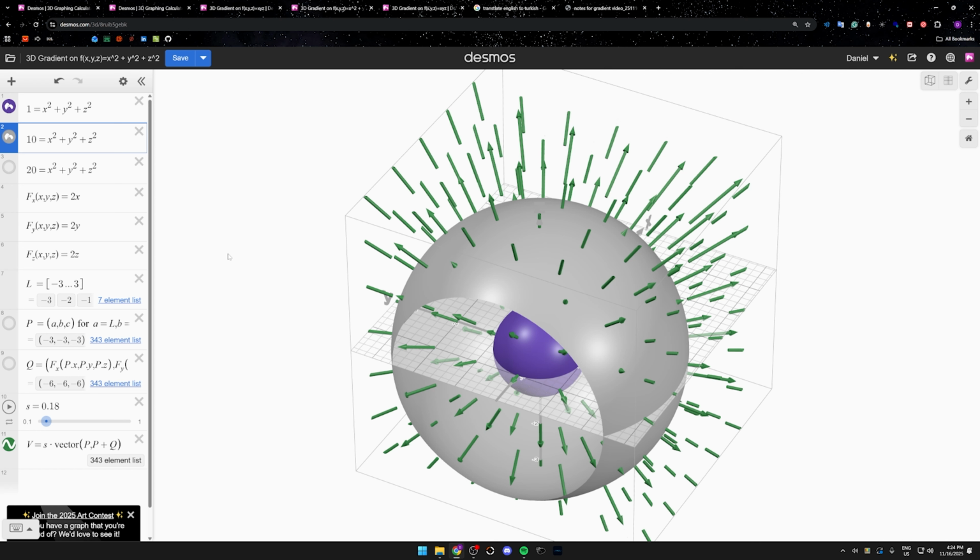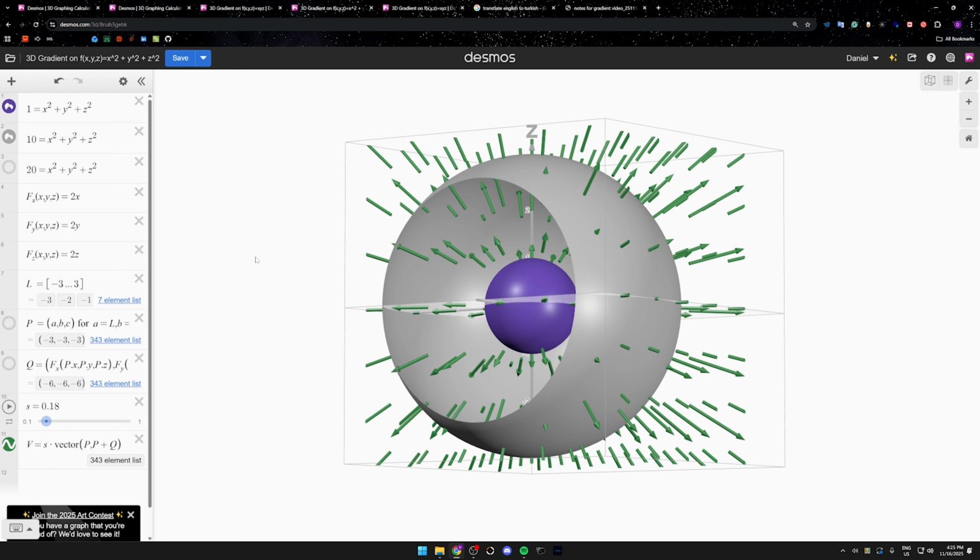So did you notice that now the vector field of a 4D function is a 3D vector space? Before, when we had a 3D function, a surface, our vector field became 2D. But now because we had a 4D function, our vector field is 3D.